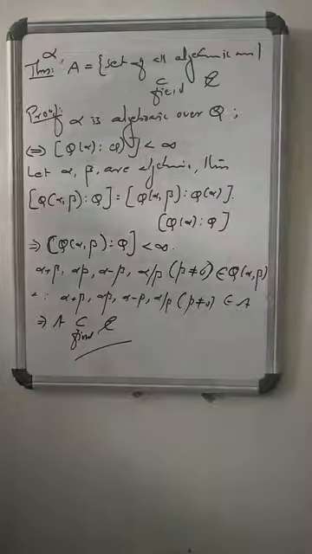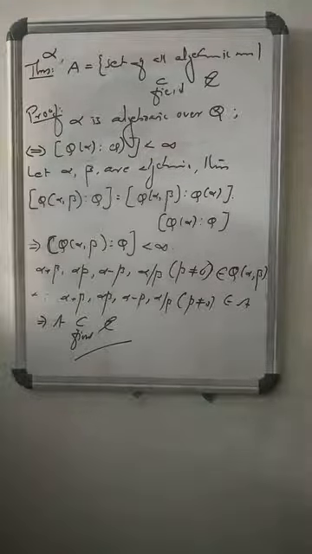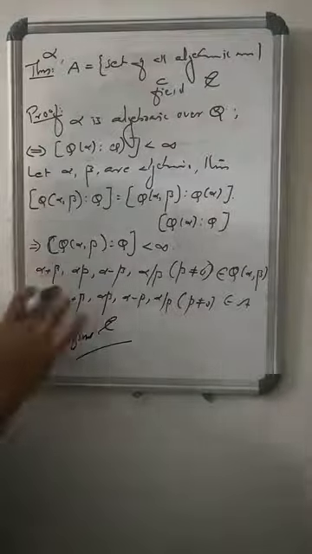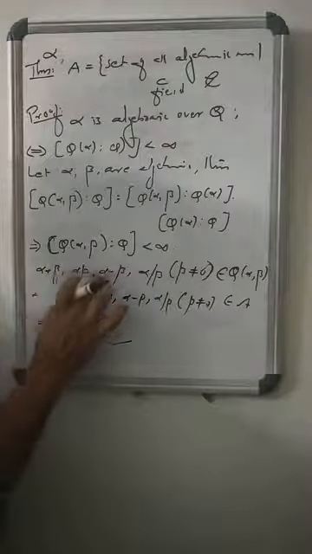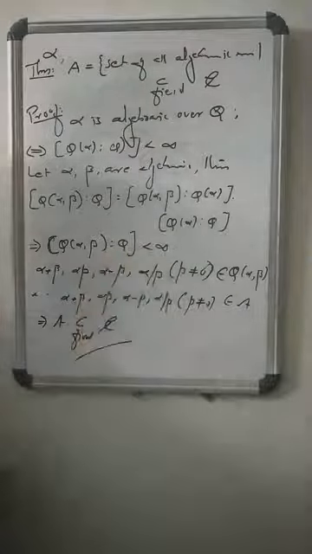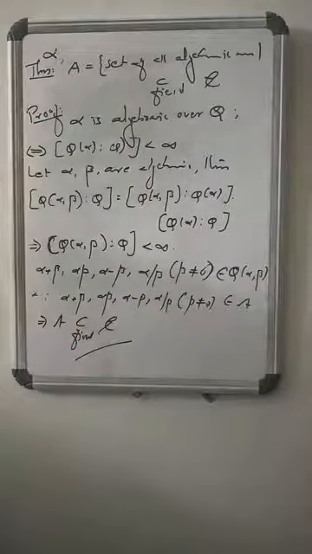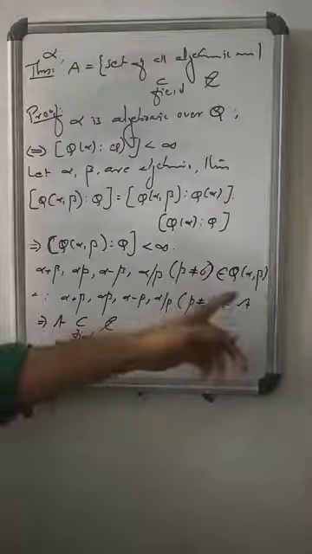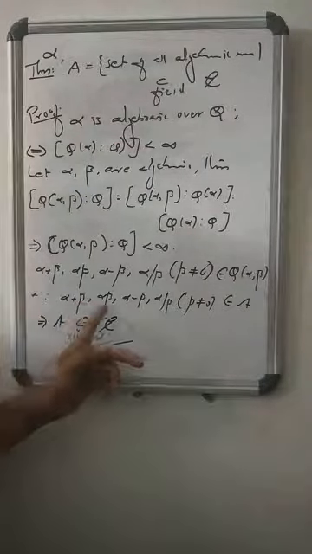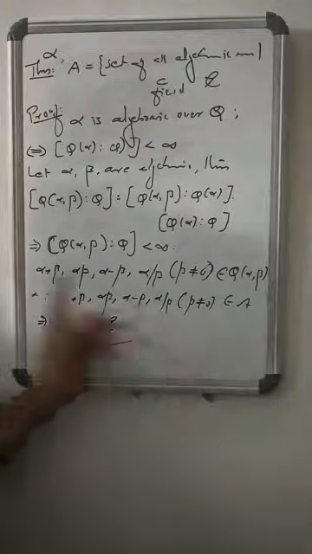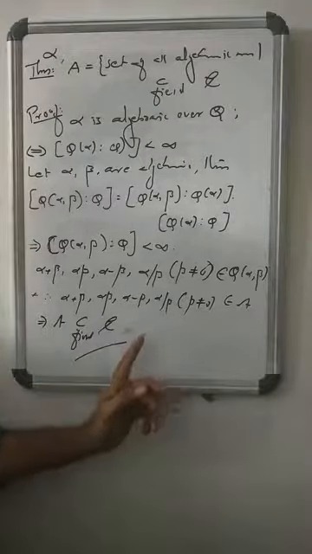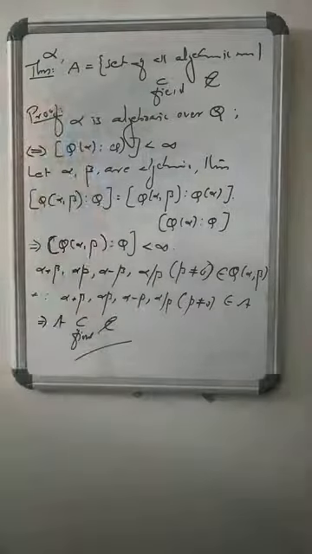Okay. Therefore alpha plus beta, alpha minus beta, alpha times beta, and alpha by beta, where beta differs from 0, are present in Q(alpha, beta). That means alpha plus beta, alpha minus beta, alpha beta and alpha by beta are algebraic numbers.